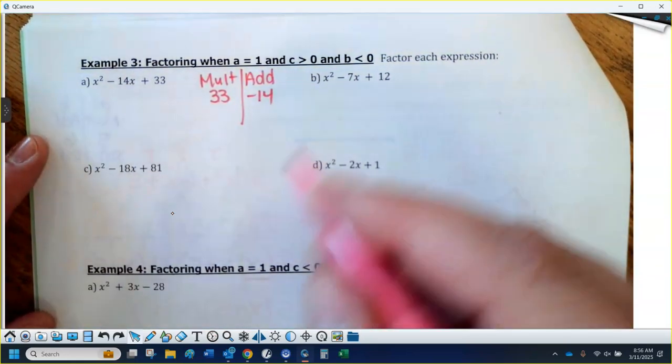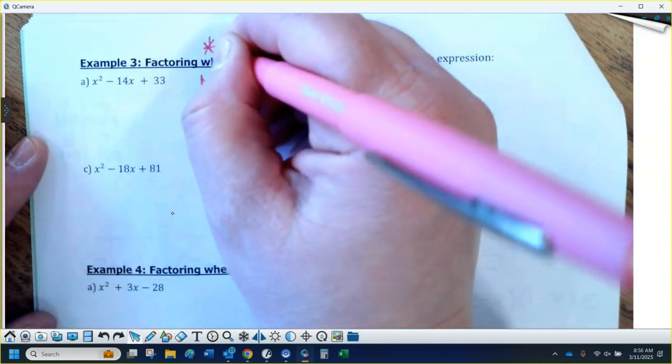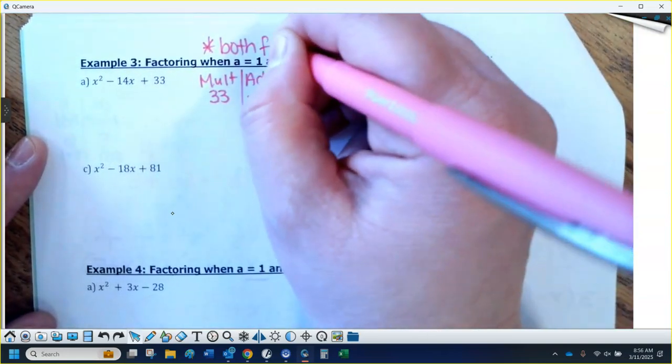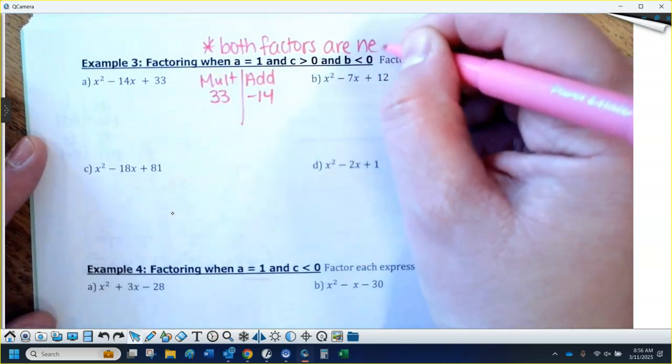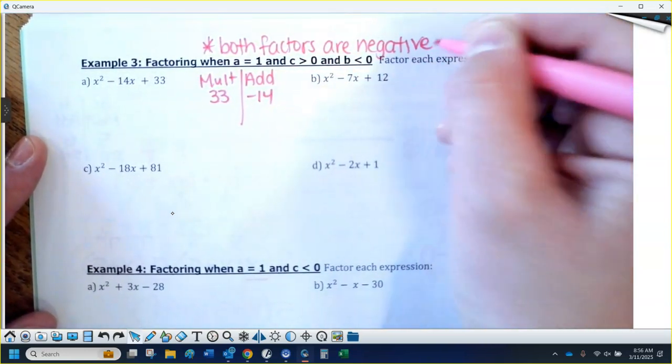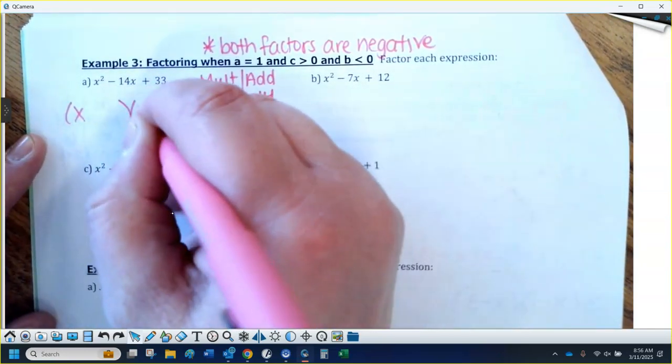If you got to multiply to get a positive number, but add to get a negative number, both of the numbers you have to tell me, both factors, are going to be negative to make that happen. So to multiply to get a positive number, add to get a negative number.